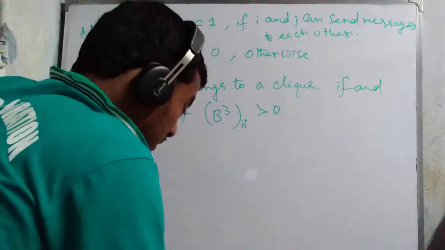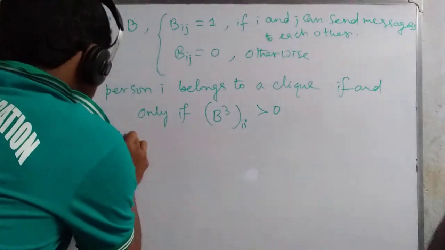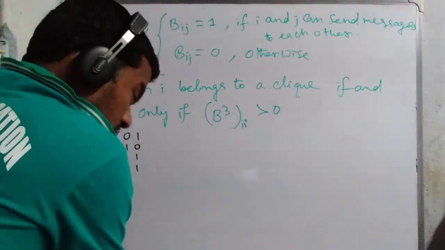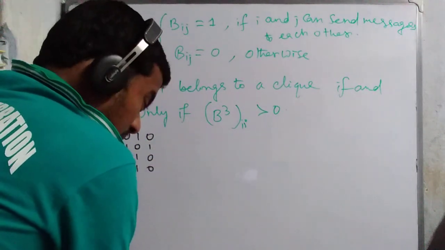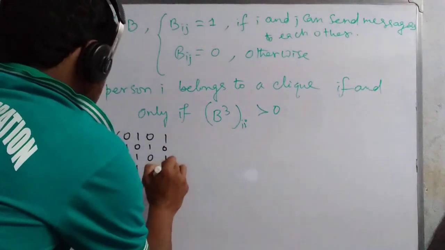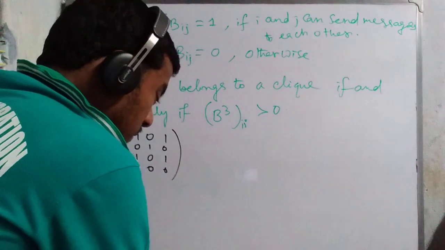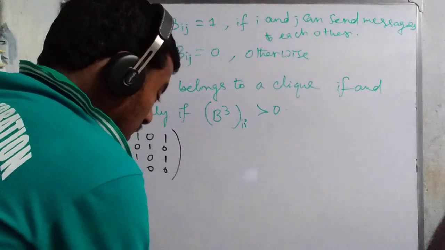So we write here A equal to 0 1 1 1, 1 0 1 1, 0 1 0 0, and 1 0 1 0. Then what happened? To determine which people belong to a clique, we form the matrix B described earlier.